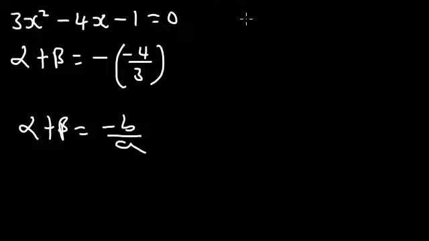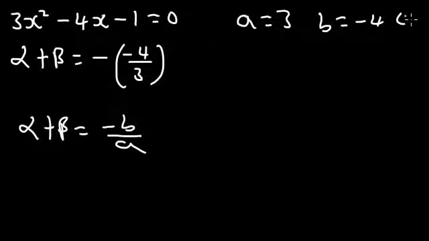Now keep in mind, a is the coefficient of the leading term, that's x squared. So a is 3, b is -4, and c is -1. So if we plug this into the formula and simplify, we should have 4 over 3 as our alpha plus beta. And that's it.